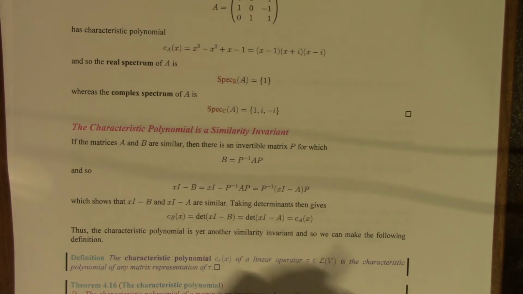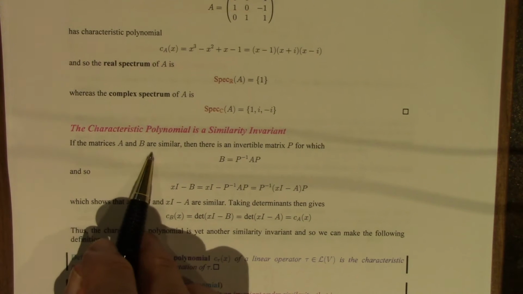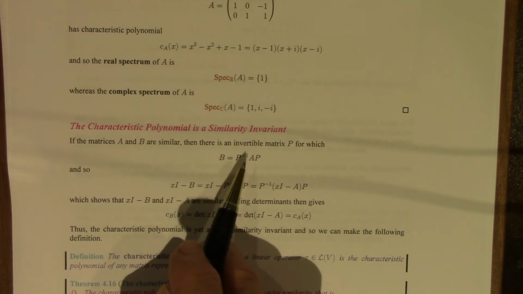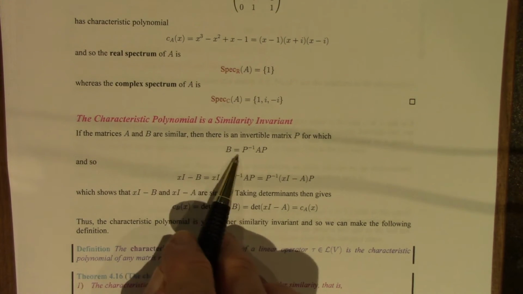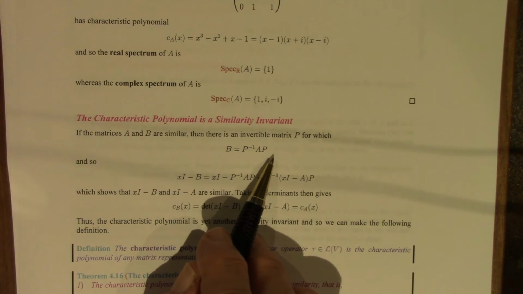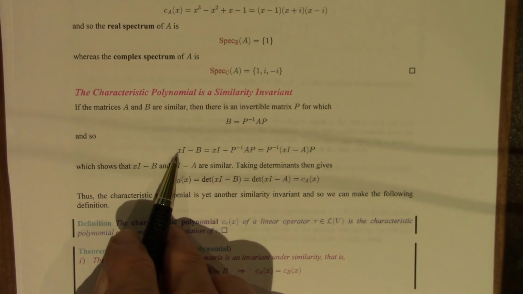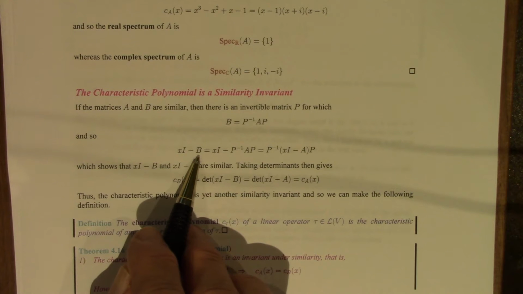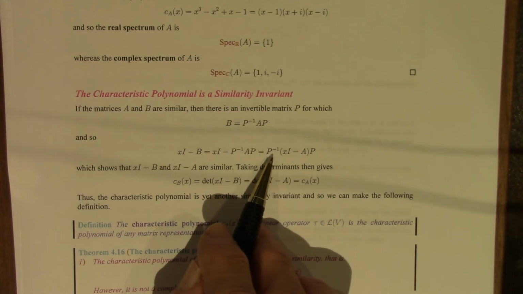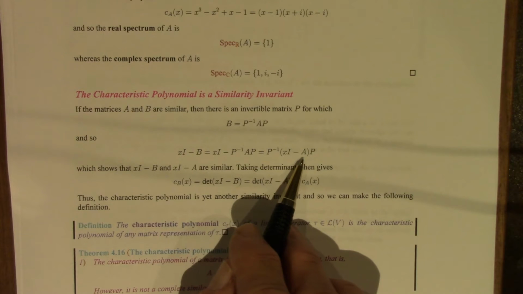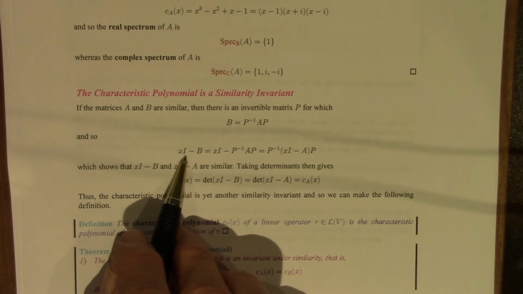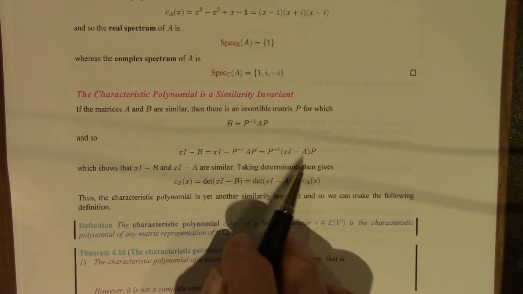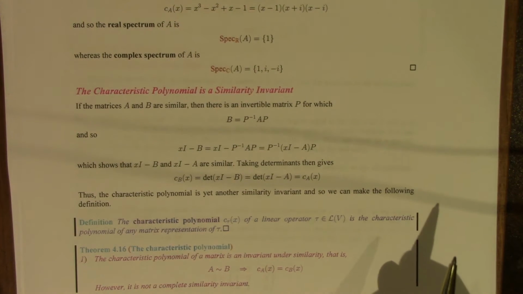If you have two similar matrices, A and B, that means there's an invertible matrix P for which B equals P inverse AP, and so xI minus B is equal to P inverse (xI minus A) P. In other words, xI minus A and xI minus B are also similar.